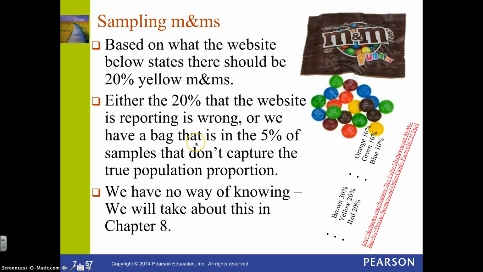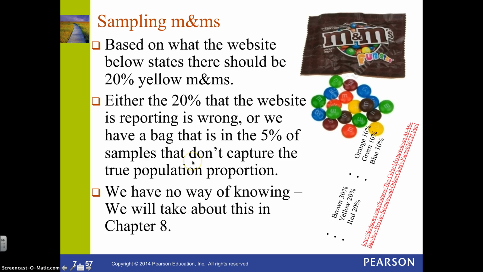So I have two things that could happen. Either this 20% on the website's wrong, or we have a bag that's in the 5% of the samples that didn't capture the true population proportion. I'm not sure what happened. We have no way of knowing. All I can do is say we're going to talk a little bit more about this in chapter 8.